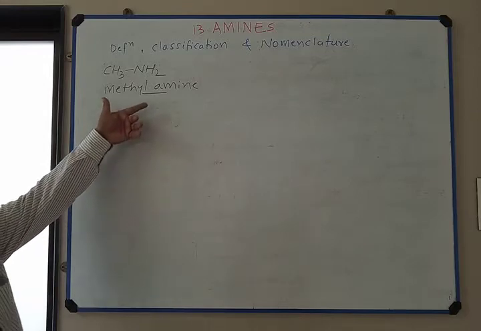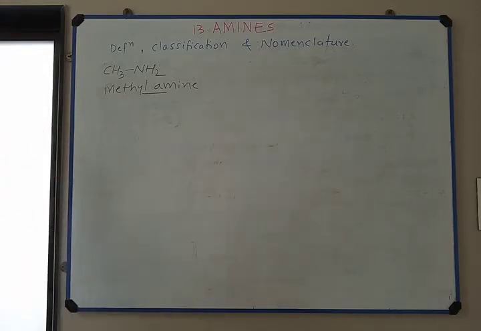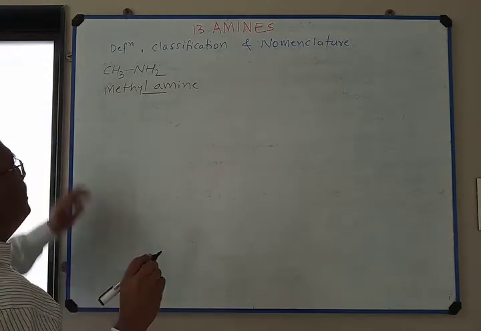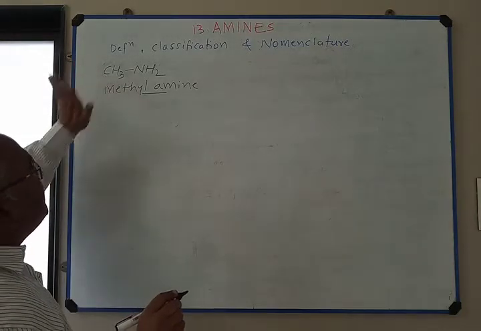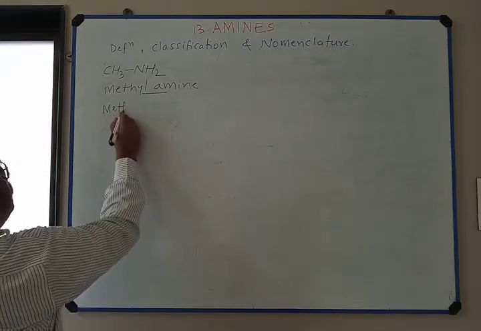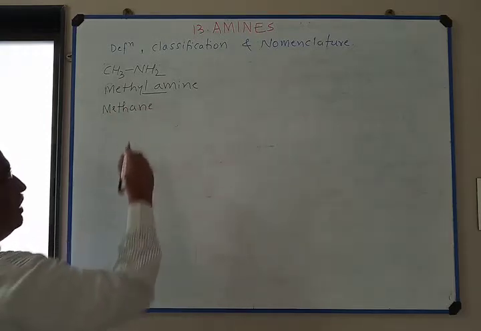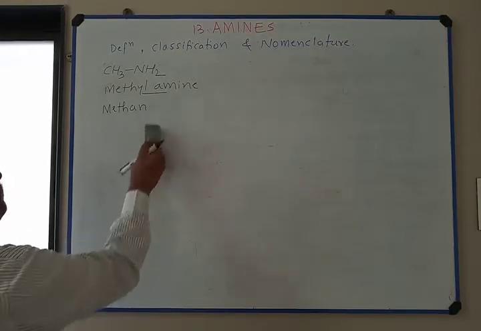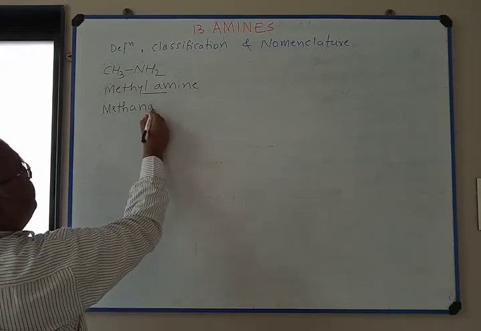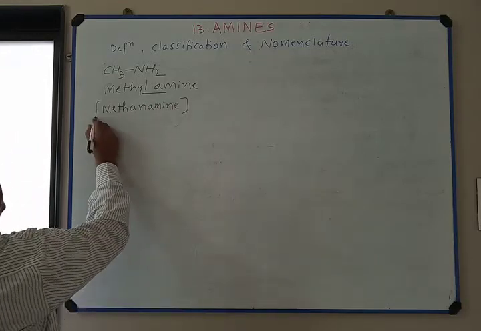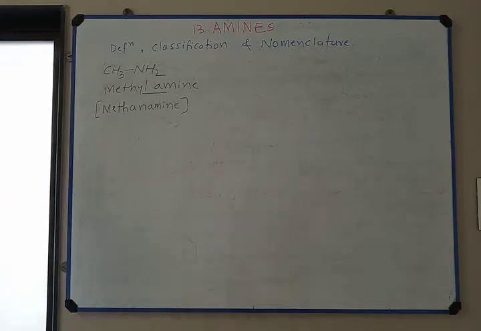You write only single word, methylamine. Its IUPAC name I am going to explain. It contains only one carbon atom. Therefore, it is a derivative of methane. From this methane, remove last E and replace it by word amine. So methanamine is the IUPAC name of methylamine.